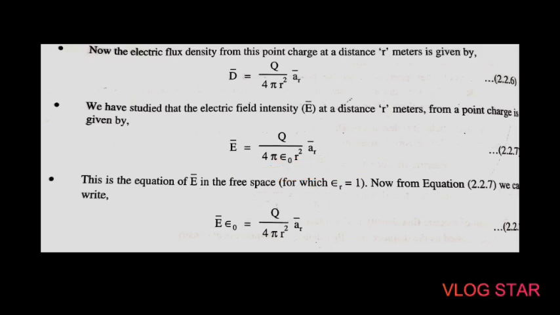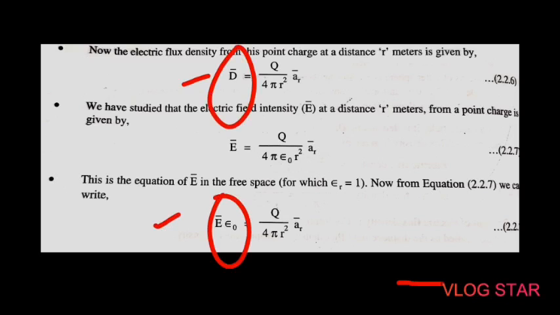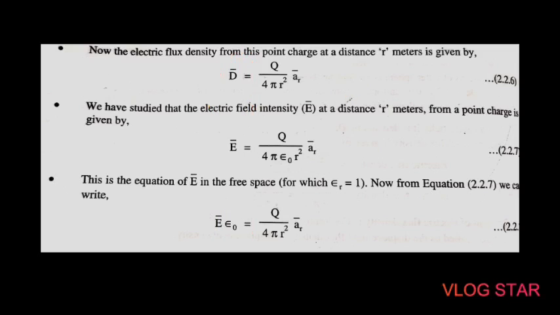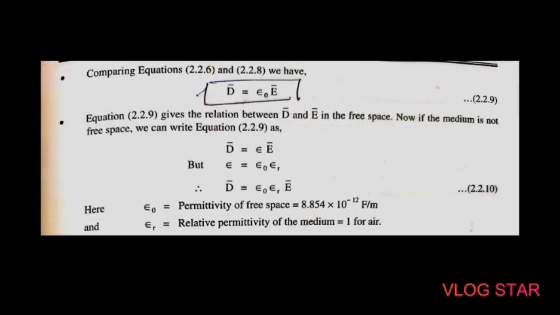If we compare the left hand side of equation 2.2.6 with equation 2.2.8, then we can write left hand side is equal to epsilon 0 E bar, because the right hand side is the same. So we can write D bar is equal to epsilon 0 E bar, which gives the relation between electric field intensity and electric flux density in free space.